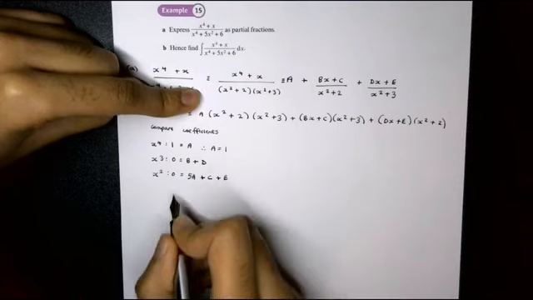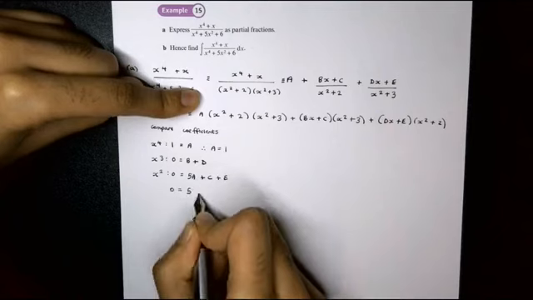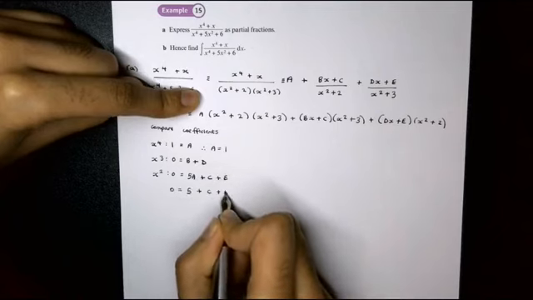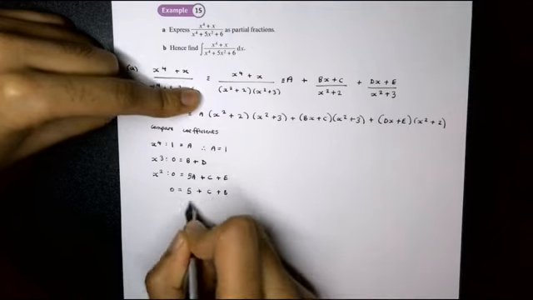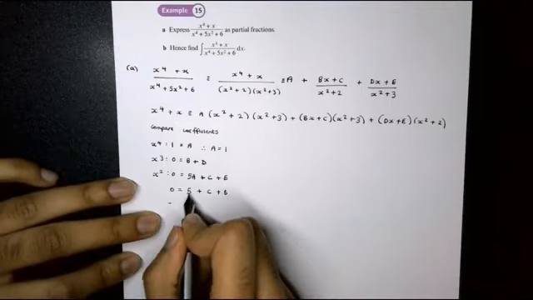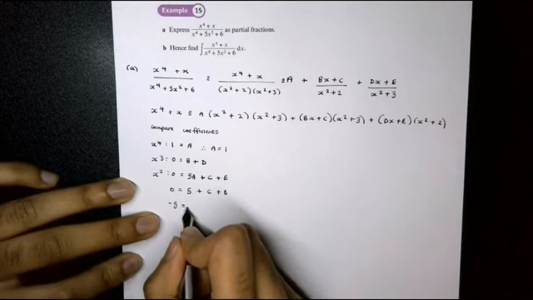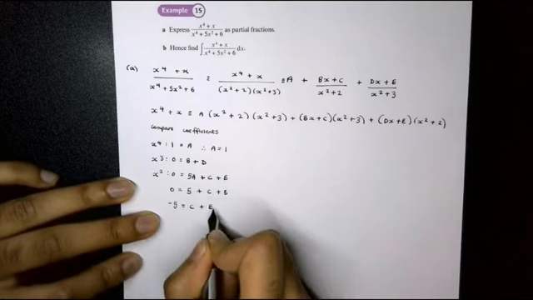Now we know that a is equal to 1, so we've got 0 equals 5 times 1, which is 5, plus c plus e. So we'll take the 5 to the other side, so we've got minus 5 equals c plus e.